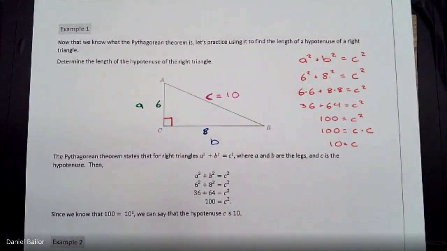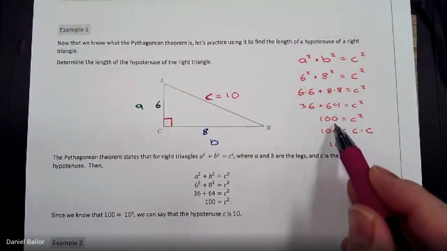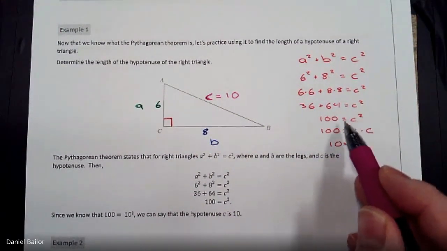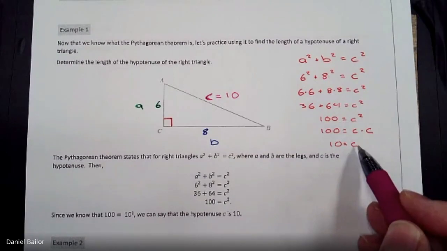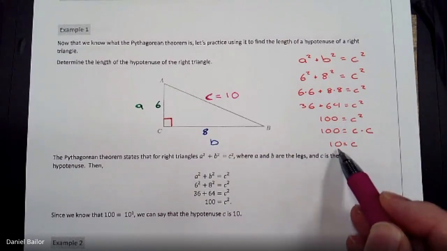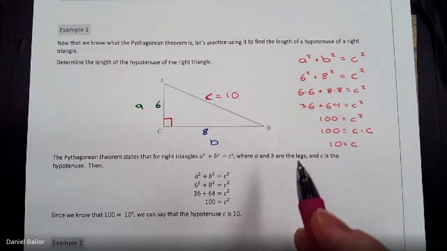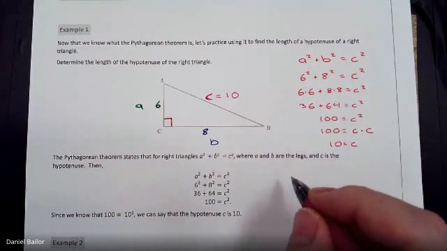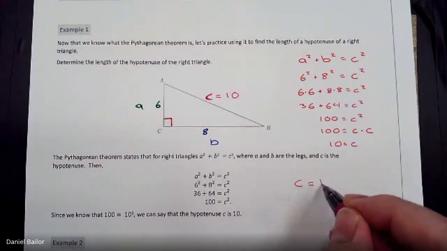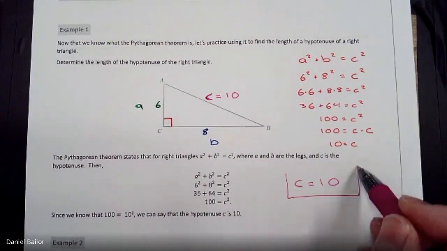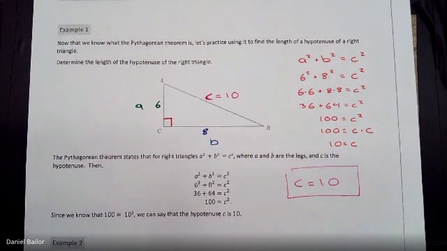C squared is 100, but C, 1C, is 10. So that's the final answer, the hypotenuse. We can just write C equals 10. That's example 1. And they did that math for us. I just wanted to do it again and talk out loud about it. They gave you the answer here.